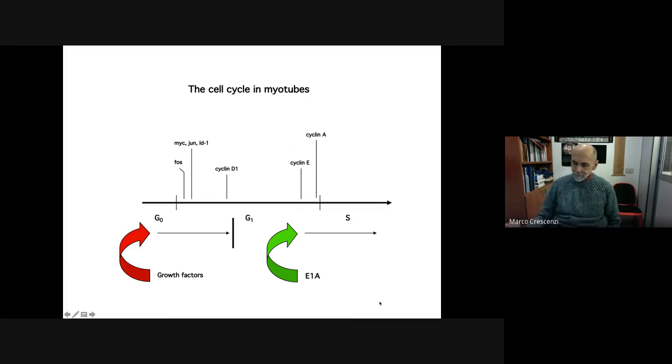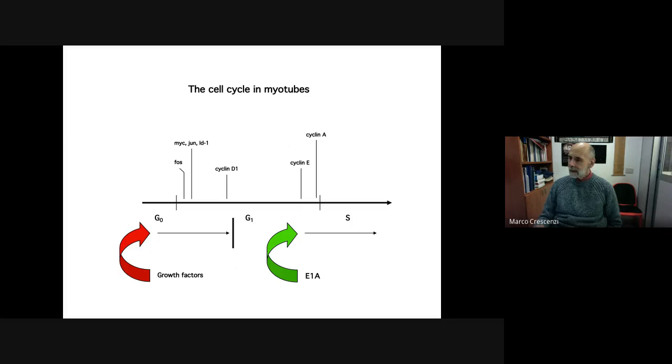Now, this was very satisfactory because we had found an efficient, simple, and very effective way to reactivate the cell cycle in terminally differentiated cells. It was basically a first.